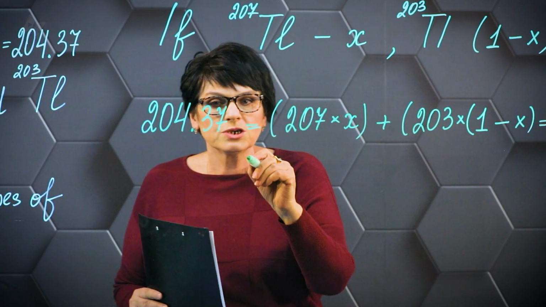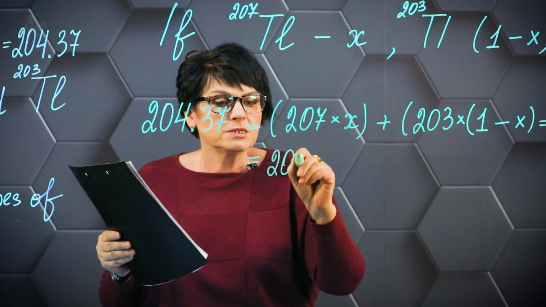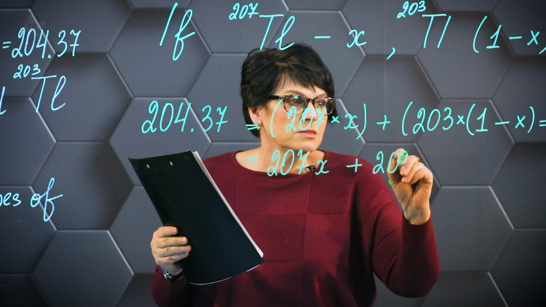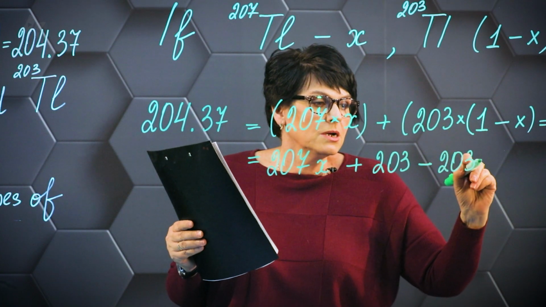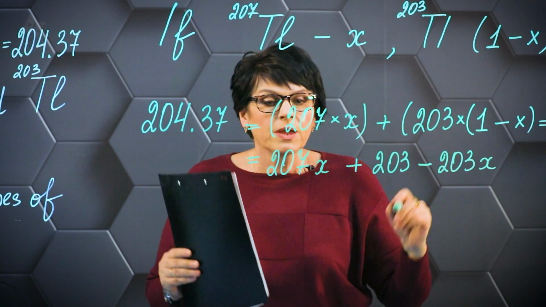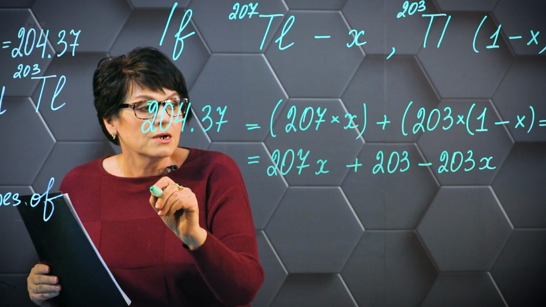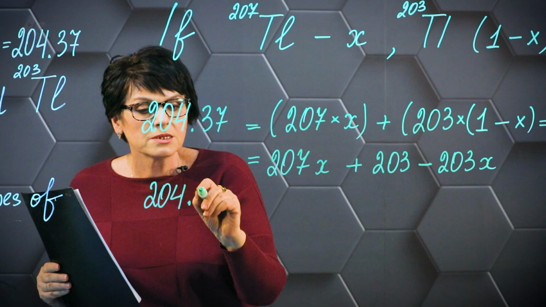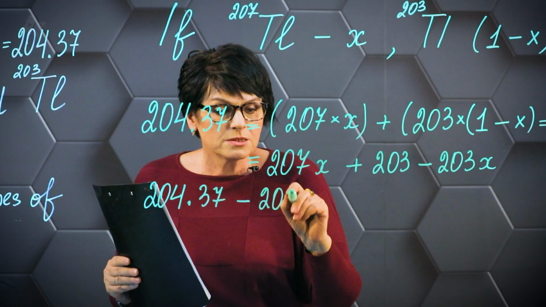We get this expression to be equal to 207X plus 203 minus 203X. So what we have here is a value. We get 204.37, subtract 203.